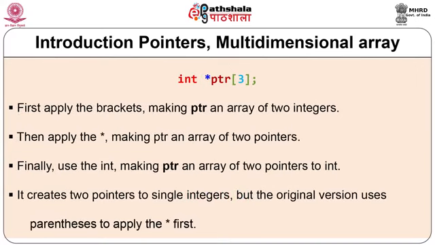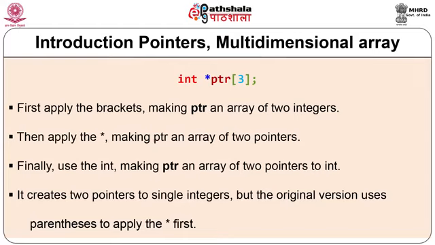While defining a pointer to an array, first we apply the square bracket to make pointer an array of 2 integers. Then we apply the star to make pointer an array of 2 pointers. Finally, we use int, making pointer an array of 2 pointers to integer.